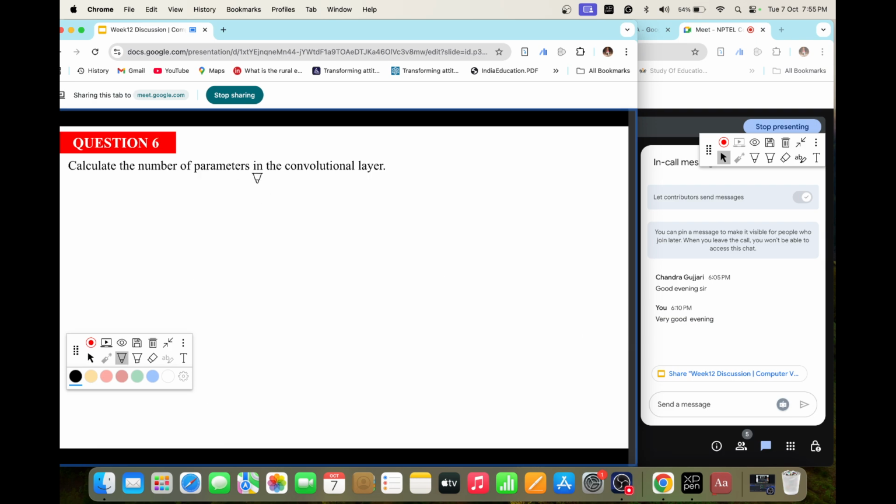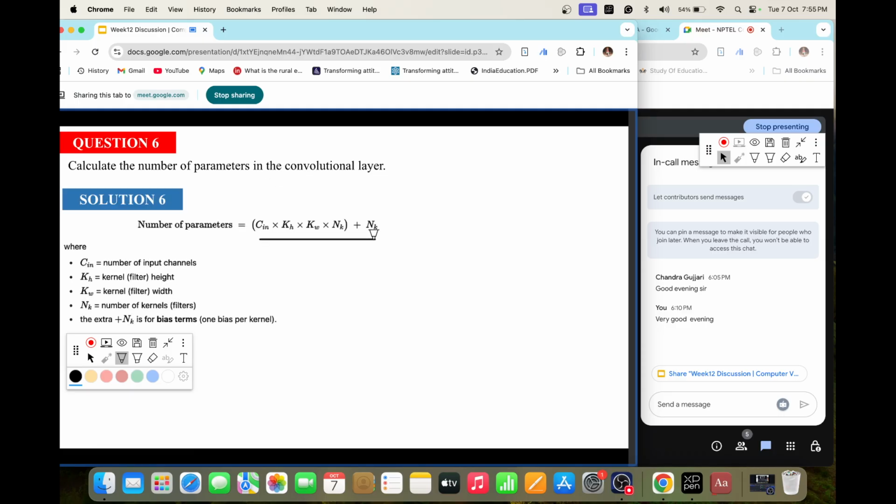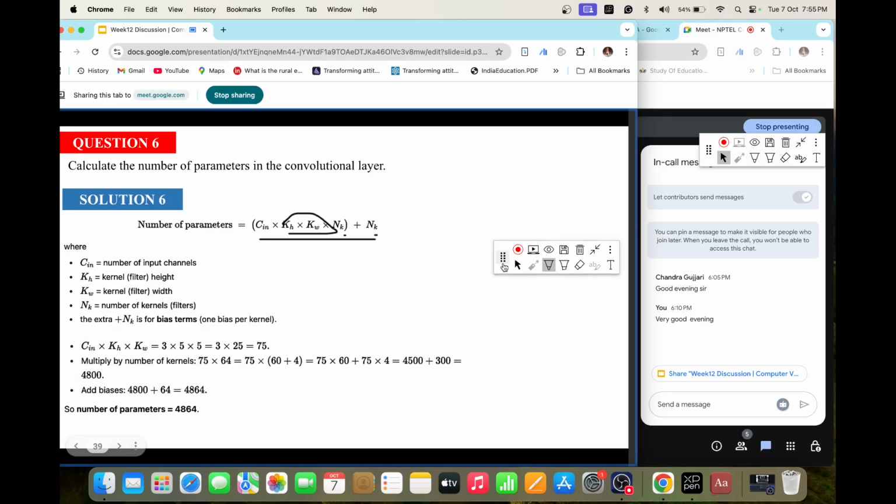Now calculate the number of parameters in the convolution layer. This is how you calculate the parameters: the input number of channels into the dimension of the filter into nk, that is the number of kernels or filters, plus nk. So the number of filters is nothing but 64, that is your nk.